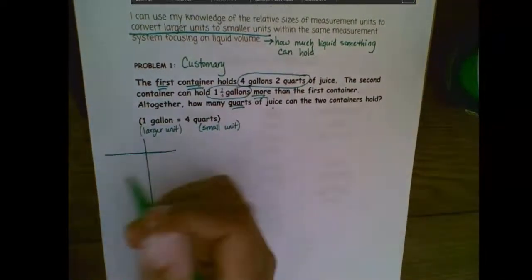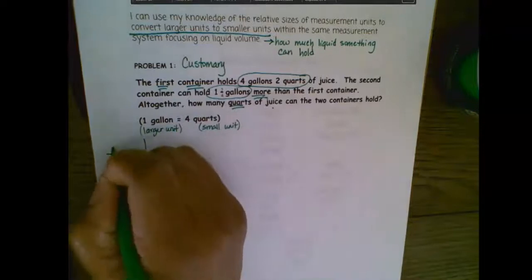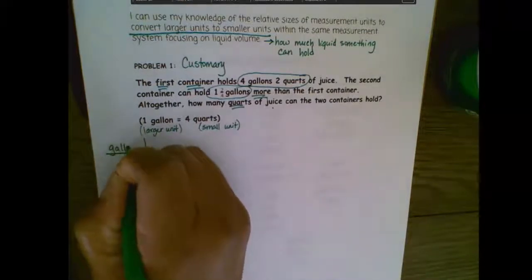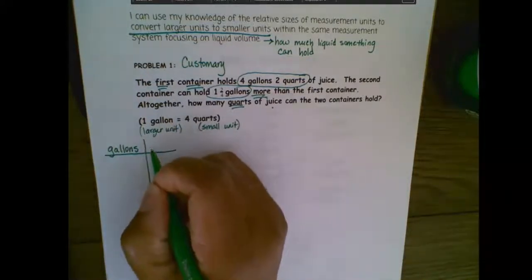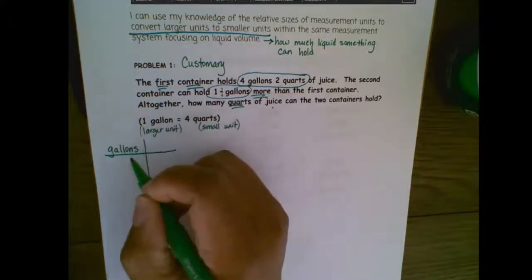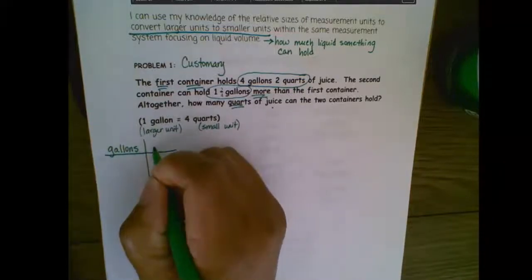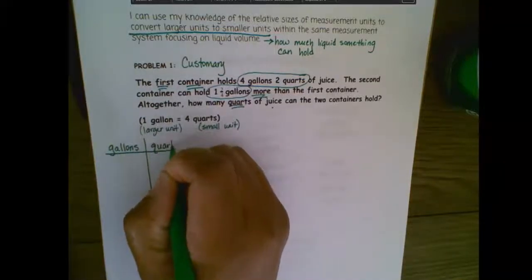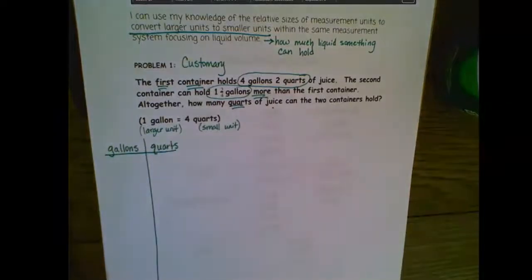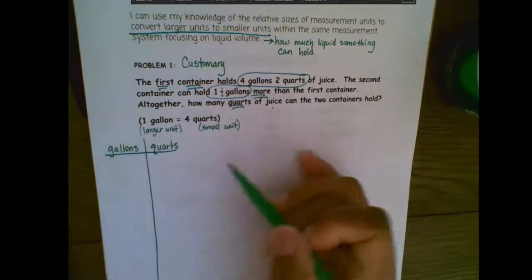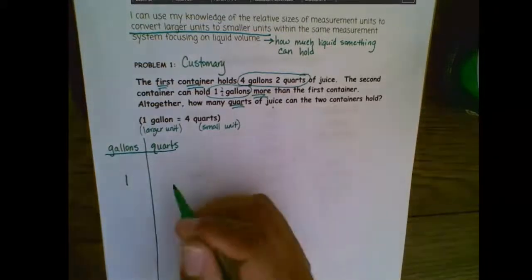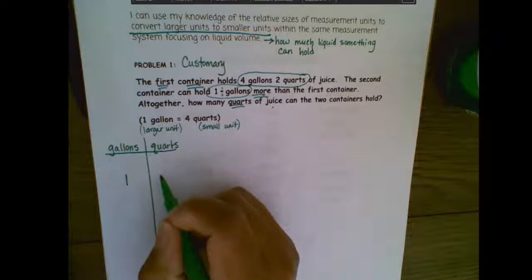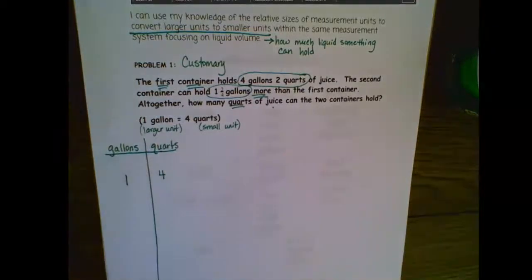It's going off the page. And I'm going to write the larger unit of measurement, which is gallons, on the left-hand side and the smaller unit of measurement, quarts, on the right-hand side. Okay? And based on what the key tells me, I already know that 1 gallon equals 4 quarts.